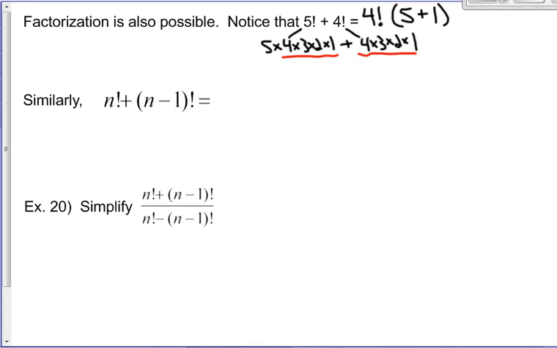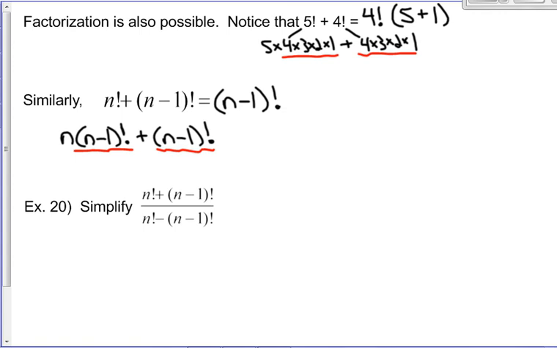In a similar way, n factorial plus n minus 1 factorial. Well, n factorial means n times n minus 1 the rest of the way down. And this is already n minus 1 the rest of the way down. Look what we've got: a common factor of n minus 1 factorial.